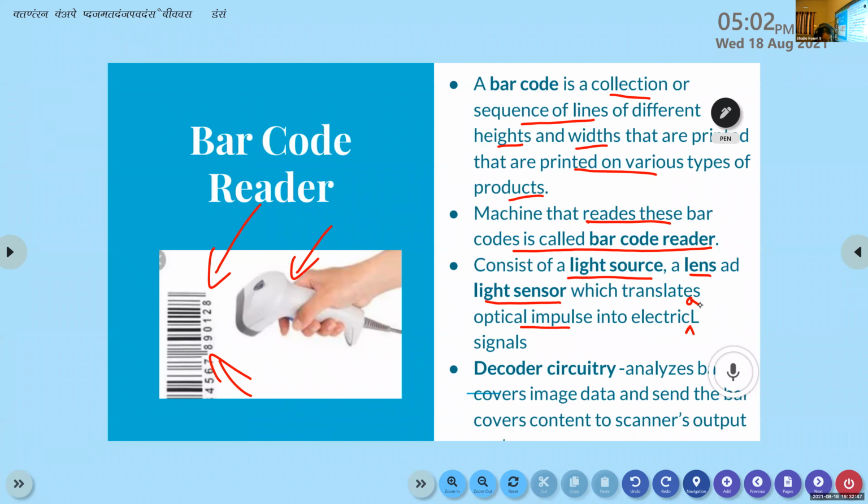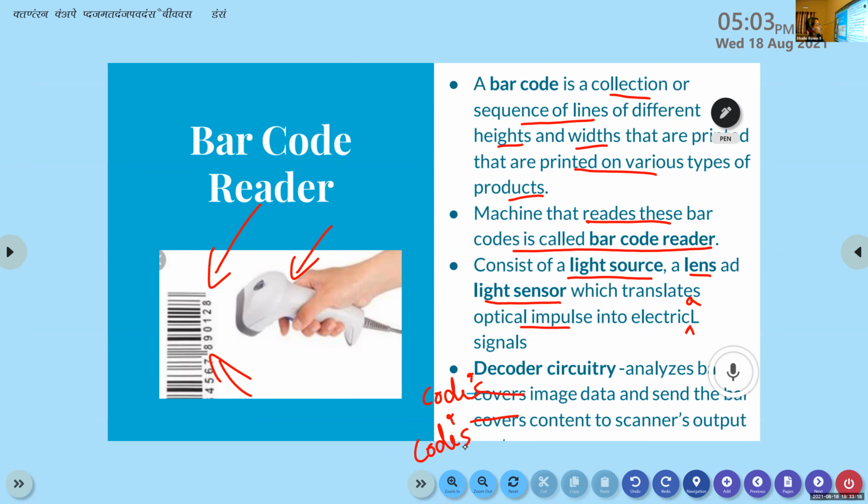And it also contains decoder circuitry, which analyzes the barcode's image data and sends the barcode's content to the scanner's output. Okay.